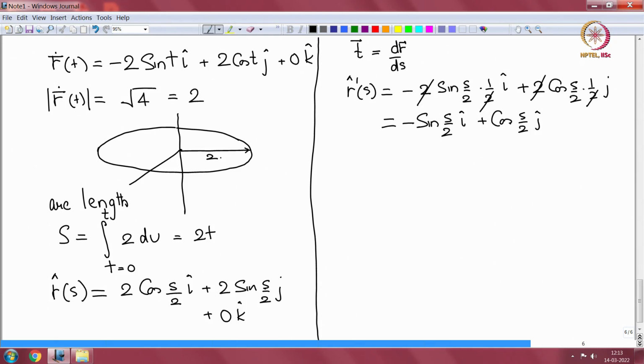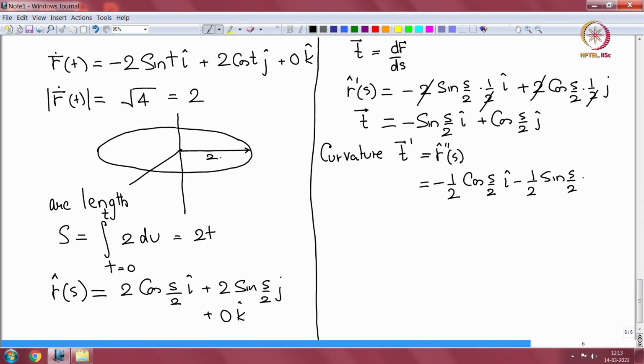This is my tangent. The curvature is t dash, which is equal to r hat double dash, that is minus half cos(s/2) i minus half sin(s/2) j.